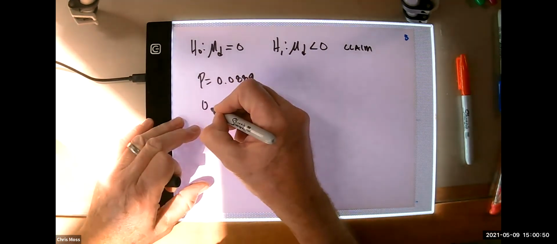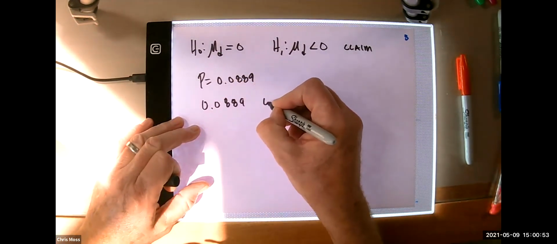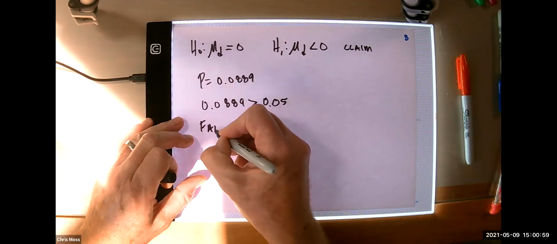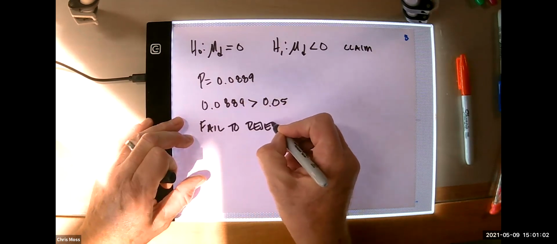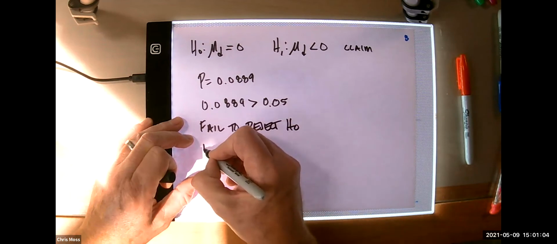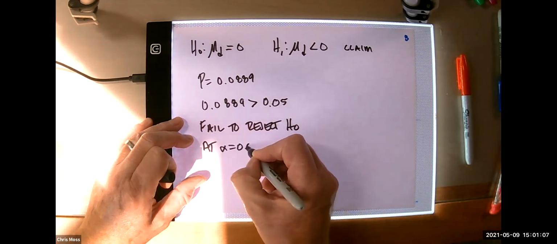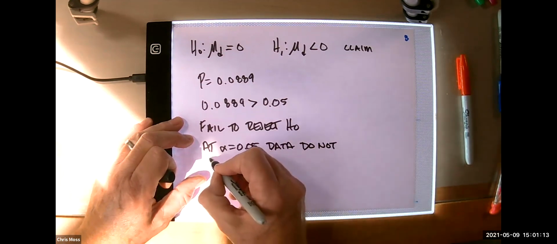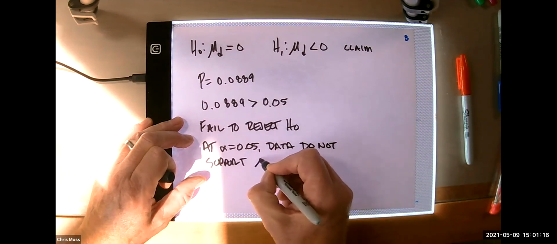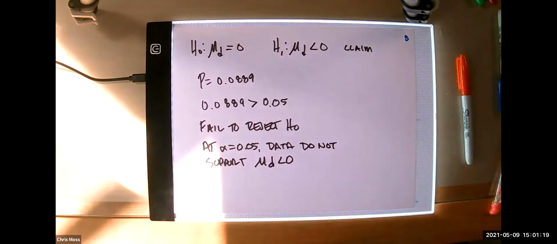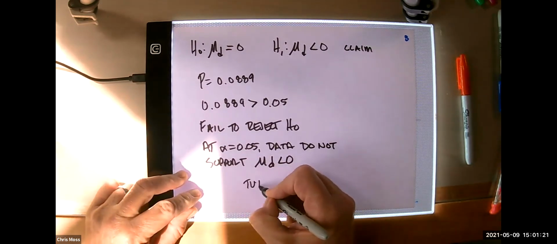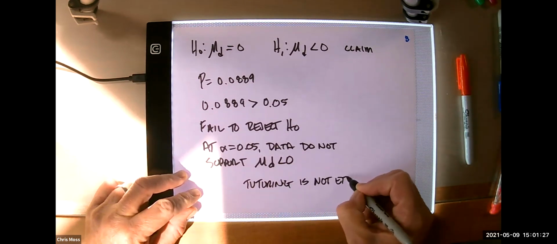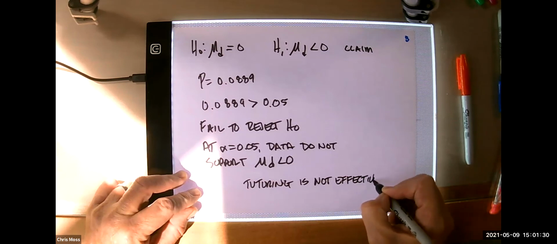And we have 0.0889, greater than the 0.05, so we fail to reject H0. So at alpha equals 0.05, data do not support mu sub d less than 0. The upshot is that the tutoring is not effective.